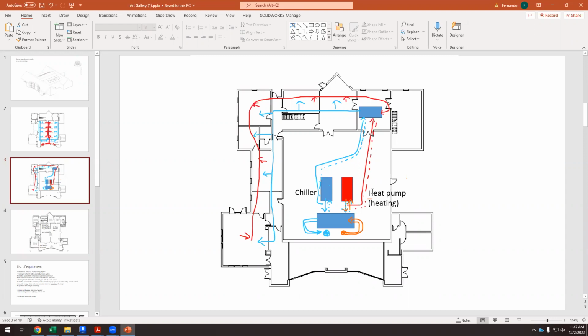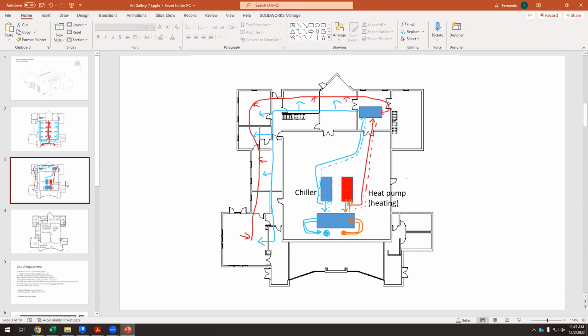And the poor guy in this office, if it's cold and this guy is alone in his office, or her, I don't know, that person is receiving cold air because we need cold air in the main art gallery, so the system is not working well. Okay, so that's why dividing things makes sense.